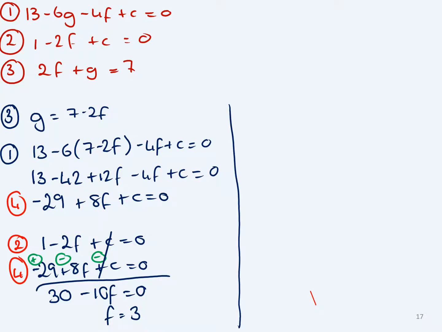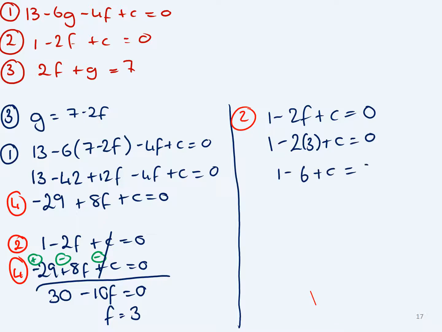So then, in order to find our c, let's go back to equation 2. So equation 2 is 1 minus 2f plus c equals 0. So 1 minus 2 times 3 plus c equals 0. 1 minus 6 plus c equals 0. Minus 5 plus c equals 0. So c equals 5.